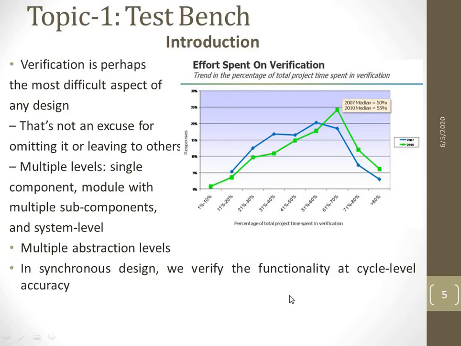So this is like a recursive process, and the time spent on verification is more. If you observe this graph, more than 60 to 70% of the time is spent on verification.